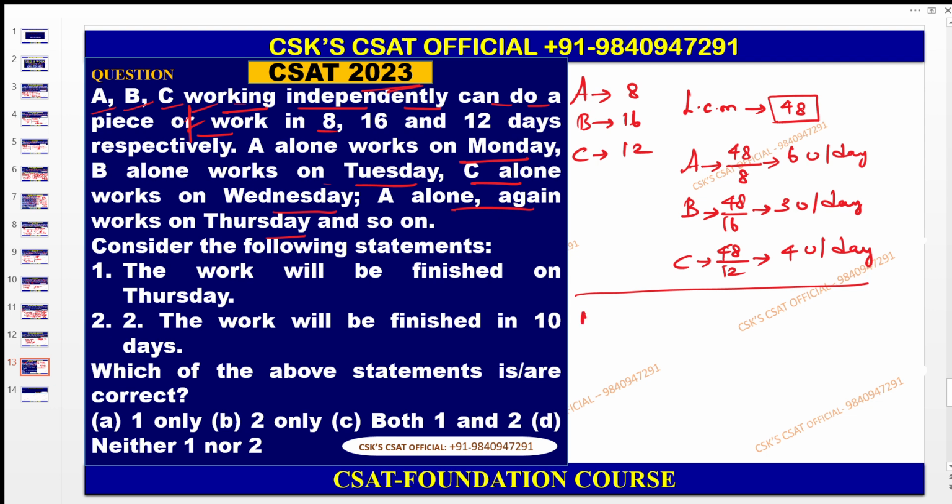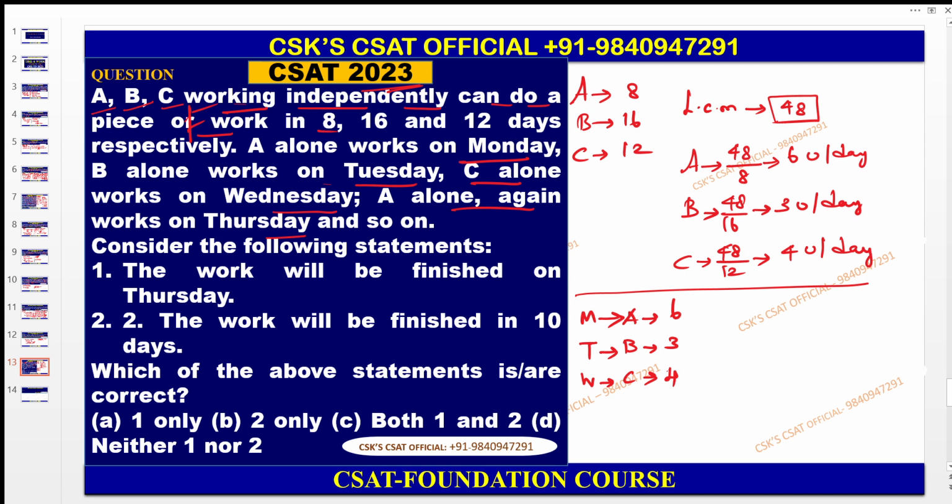A starts on Monday: Monday A 6, Tuesday B 3, Wednesday C 4. We have to reach 48. That is the concept here. The work will be finished on a Thursday, in about 10 days. Now try to understand.